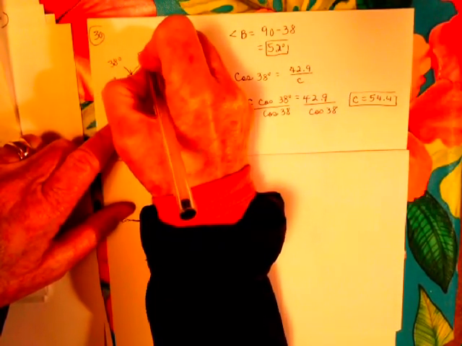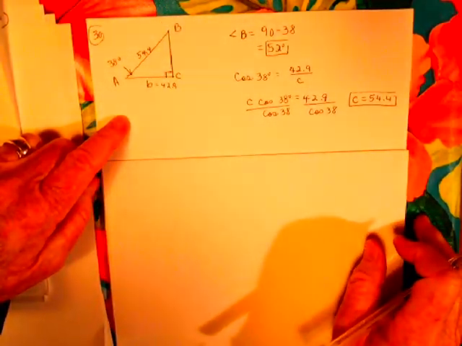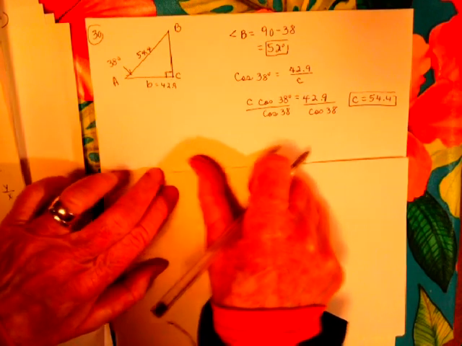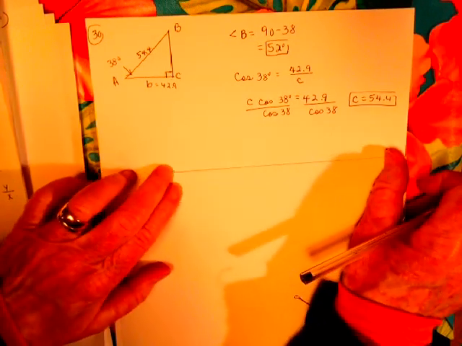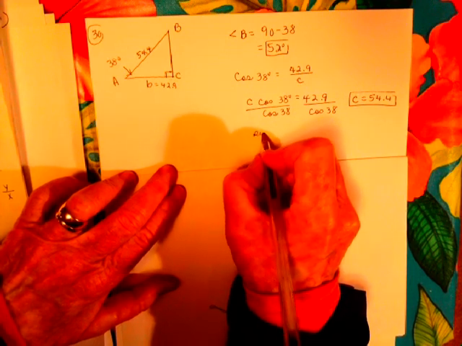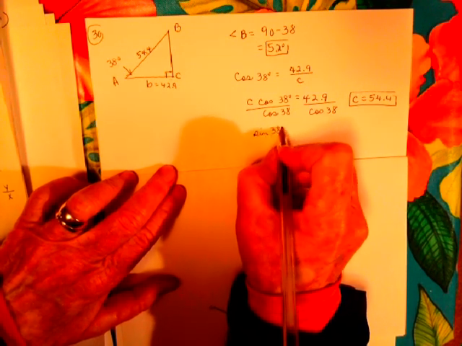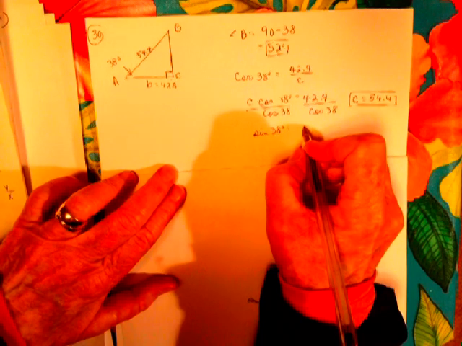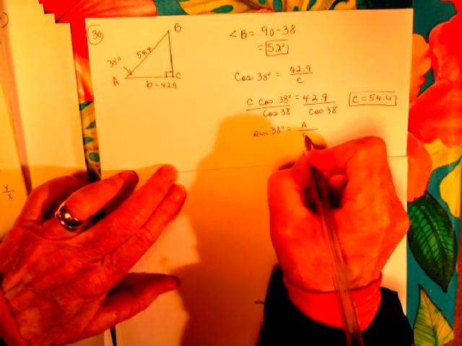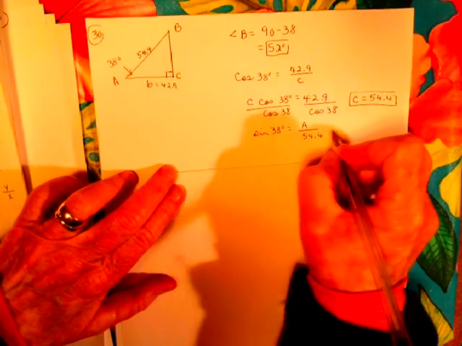The only thing I have to find now is side A. I could use Pythagorean's theorem, or I could use sine. I think I'll use sine. Sine of 38 degrees equals side A over 54.4.